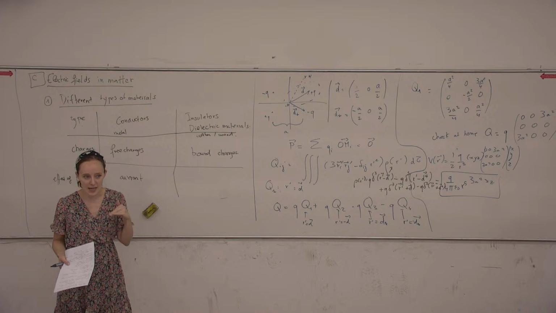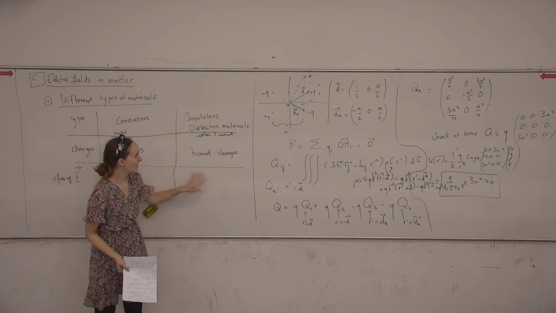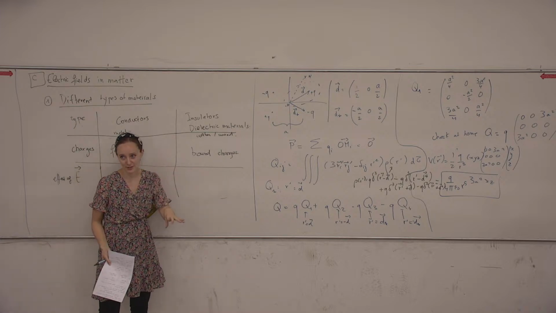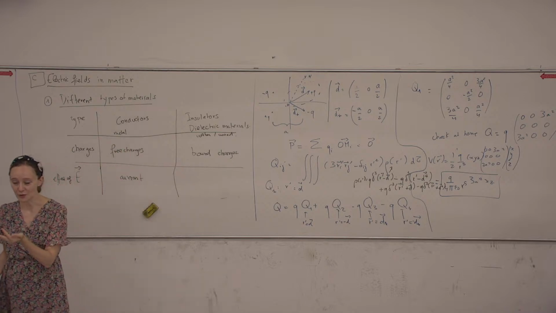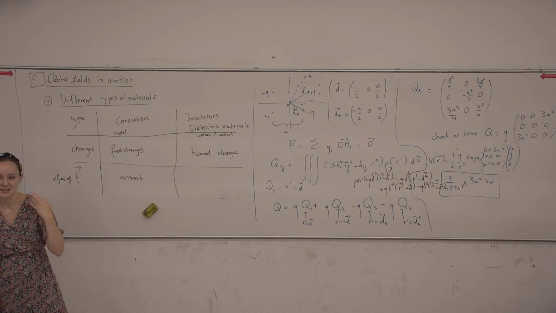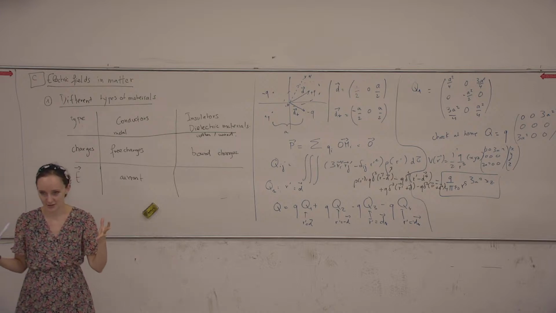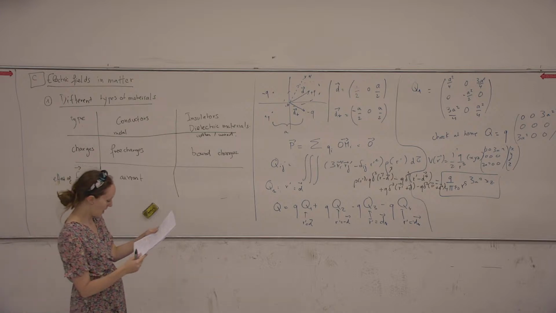So today we will ask two questions. We will ask what happens to the insulator when I put it in the field, and the second question is what is the new field, the second field that is created by the presence of an insulator over the electric.